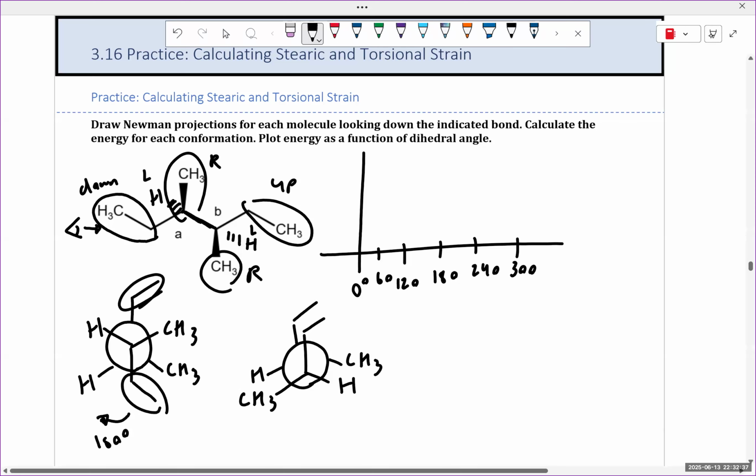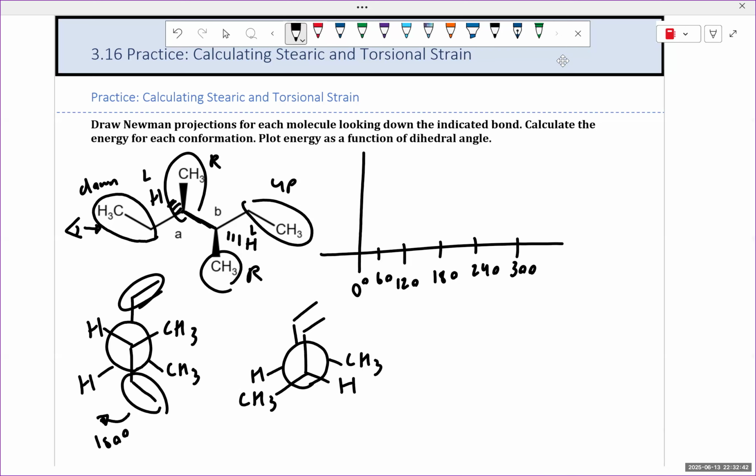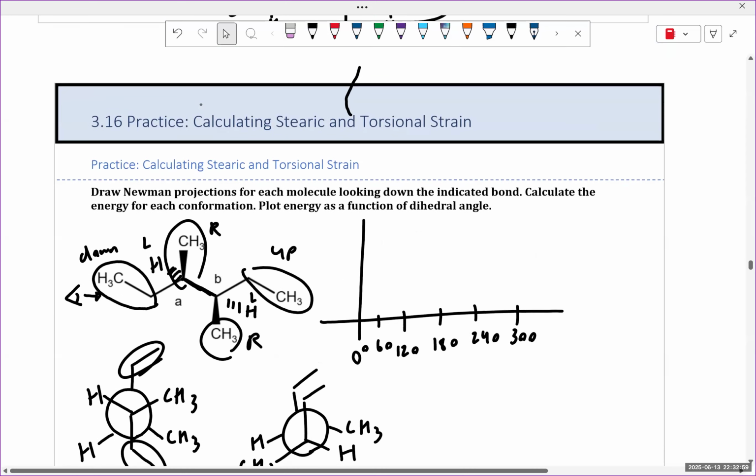Just as a check to make sure that we didn't accidentally invert our stereochemistry, we're going to check to make sure that the relative position of our substituents is consistent.